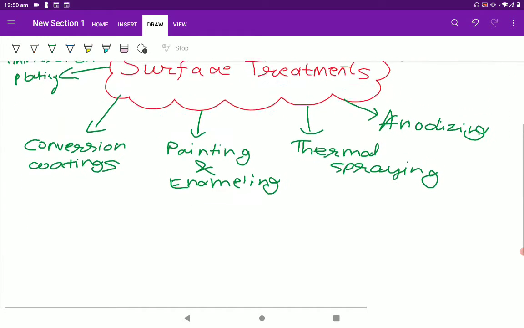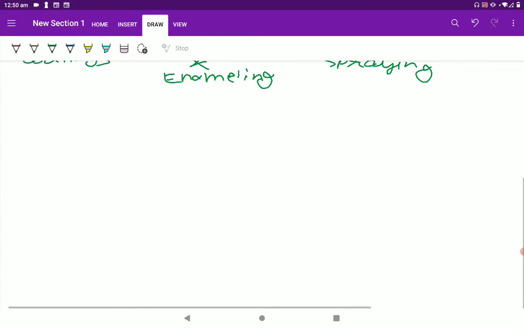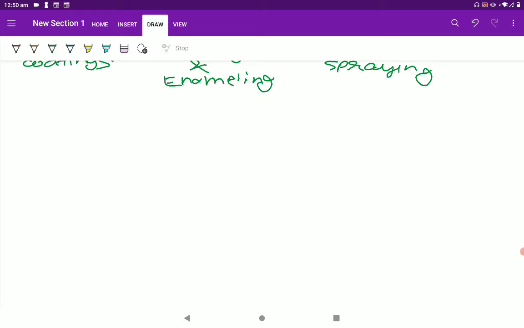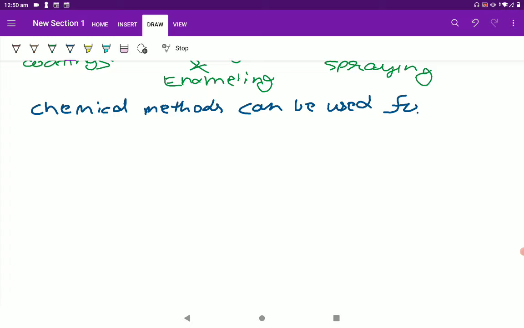Chemical methods can be used for two objectives.